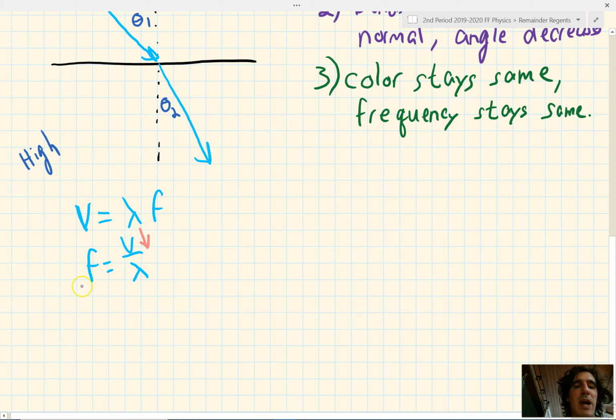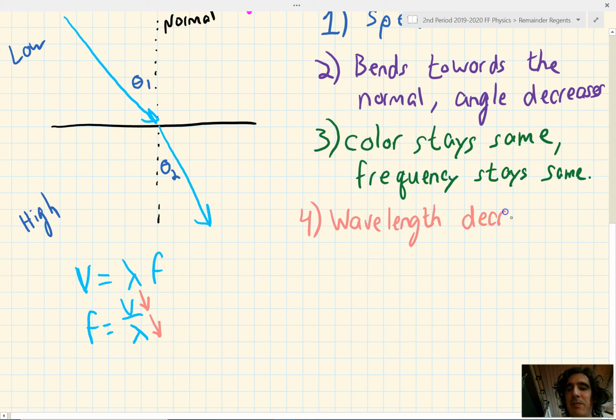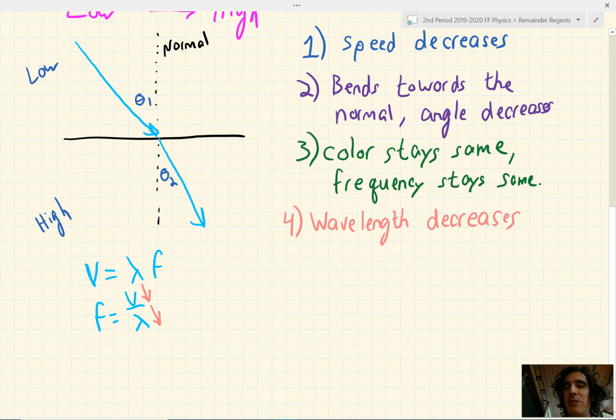So in order to keep f constant, when the speed decreases, the wavelength also has to decrease, which means the waves are going to get closer together. So the fourth thing we can say is that the wavelength decreases. And again, this is a result of the speed decreasing and the frequency staying the same.